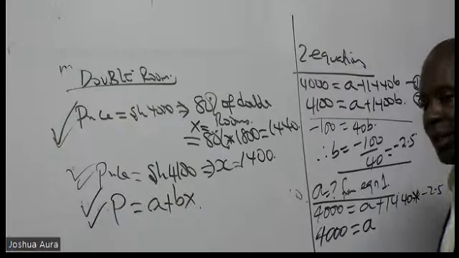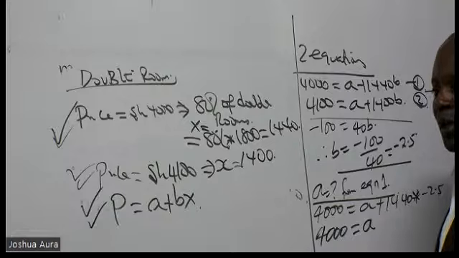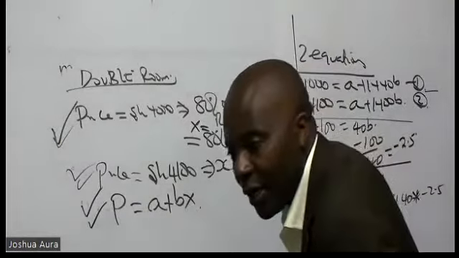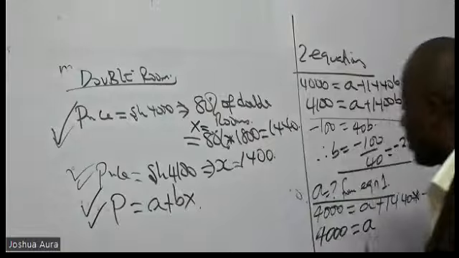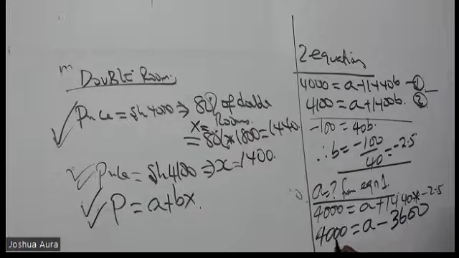Somebody give me a figure there. Yes, we have A plus minus 3,600. Let this cross over the equal sign. When it crosses over the equal, it becomes positive, right? So A equals 4,000 plus 3,600, which is 7,600. That is A, and I have B.